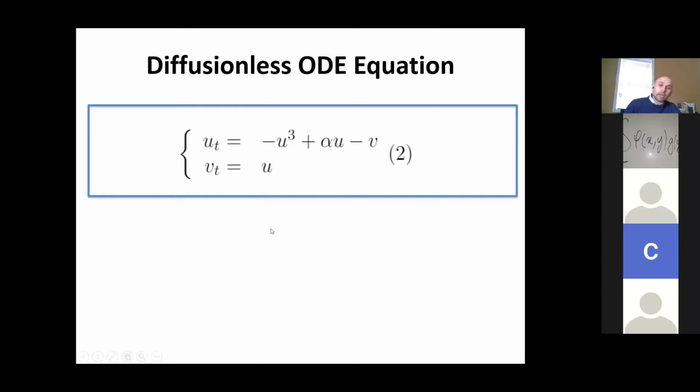But then, let's forget the x variable and just consider the ODE. So let's drop the uxx.